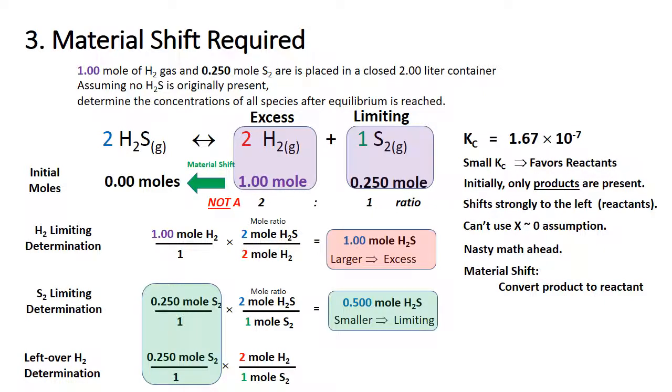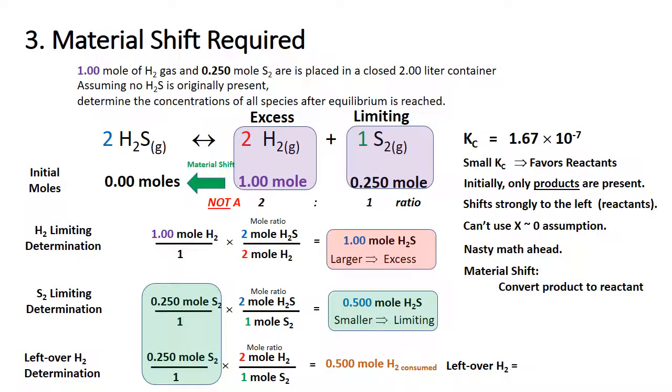And so this is a different mole ratio. The red two belonging with the hydrogen and the green one belonging with the sulfur. And again, what we're determining here is how much of the excess H2 is going to be required. So after doing the calculation, the math is very simple, we determined that 0.500 moles of the hydrogen gas will be consumed in this process.